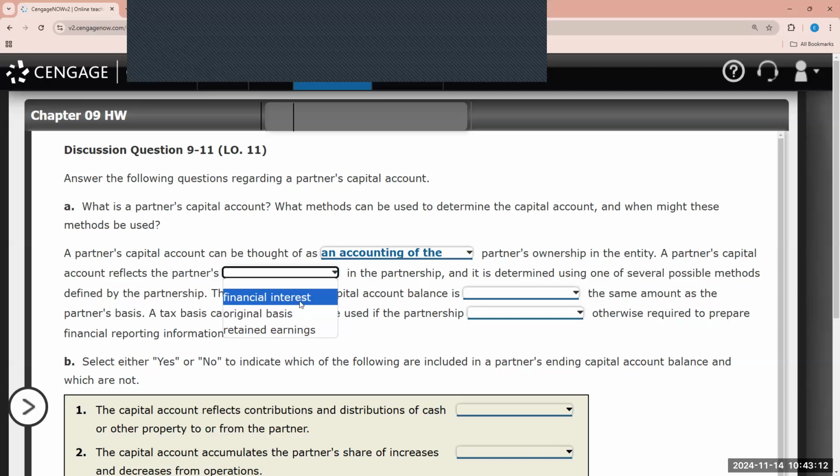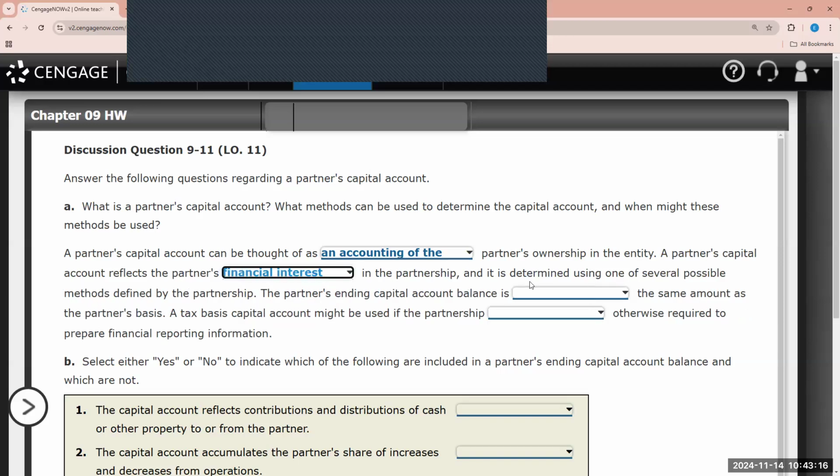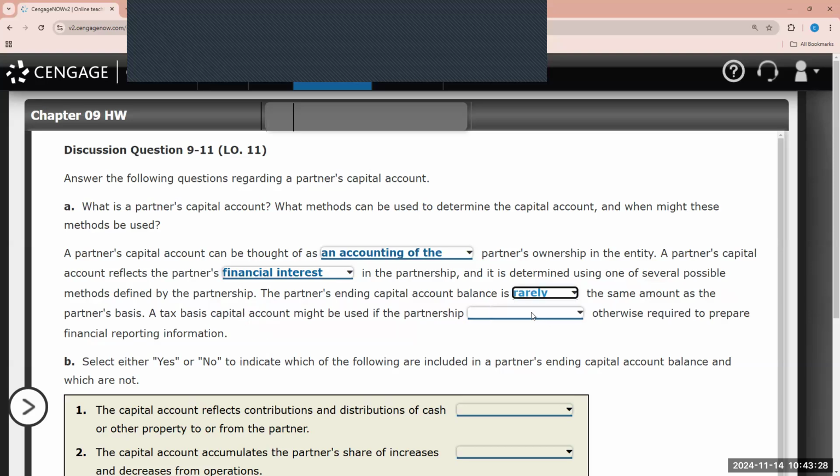It doesn't show their original basis, but it shows their financial interest in the partnership. And it is determined using one of several possible methods defined by the partnership. The partner's ending capital account is rarely the same amount as the partner's basis. Very important to keep that in mind. There is a difference between the capital account and the partner's basis in the entity.